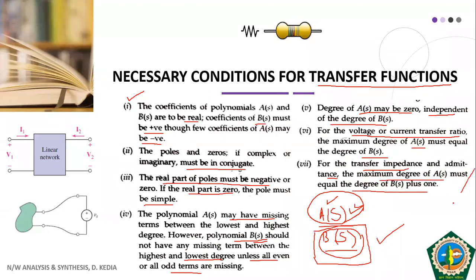So here the difference can be of 1. It means that there has to be a maximum difference of 1. So these are the necessary conditions for your transfer functions. You can write the polynomials in the notebook from your side, and then try to check the necessary conditions for your transfer function. I hope all these conditions are clear.